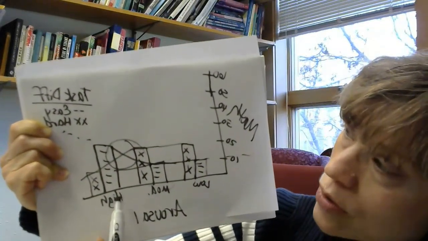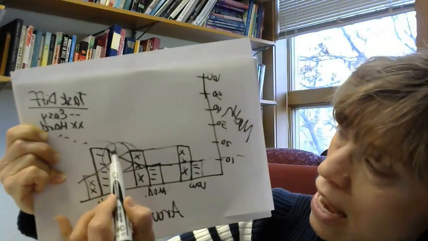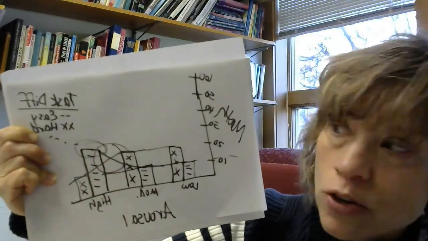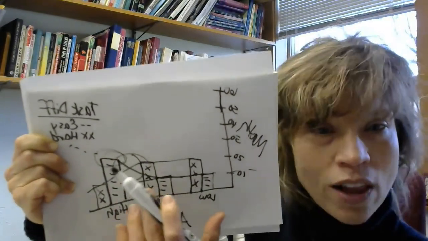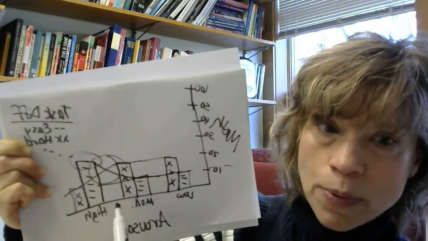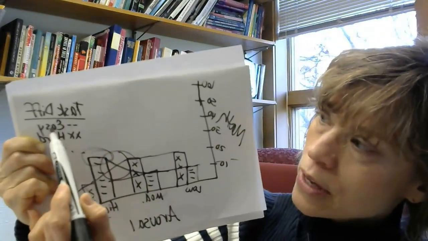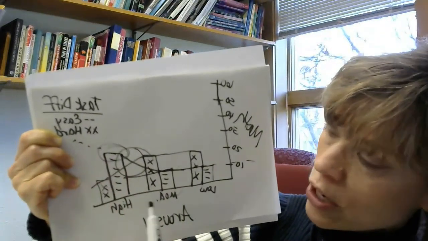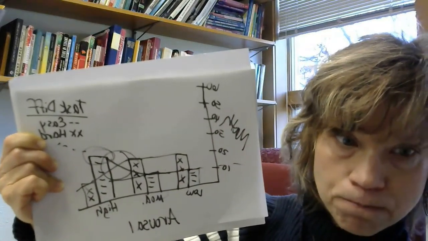On the high arousal, we see that the easy task is the highest as compared to the hard. So this is a qualitative interaction because it's a different relationship between the one IV when we look at the level of the other IV.